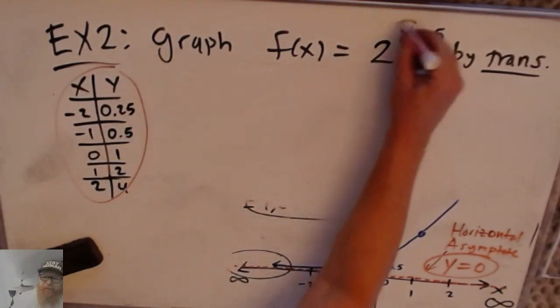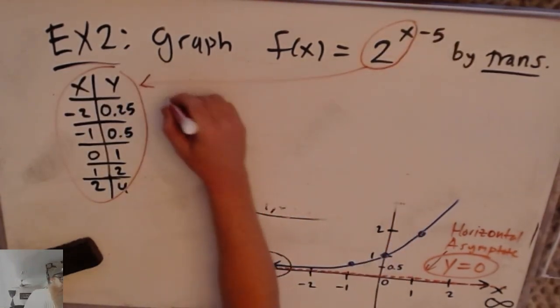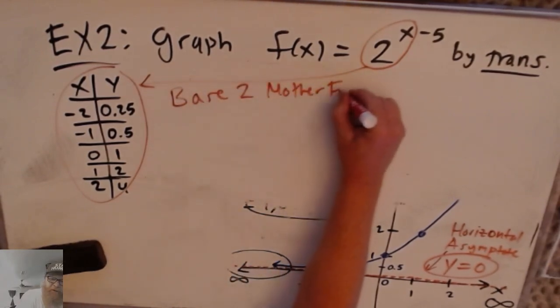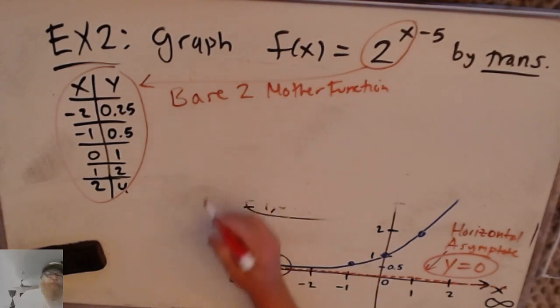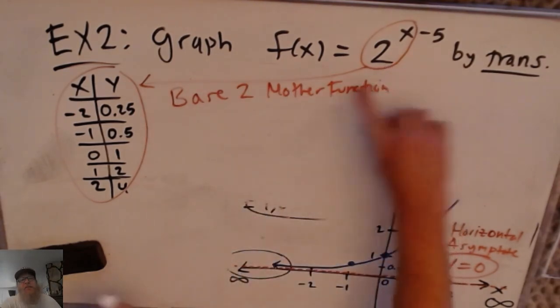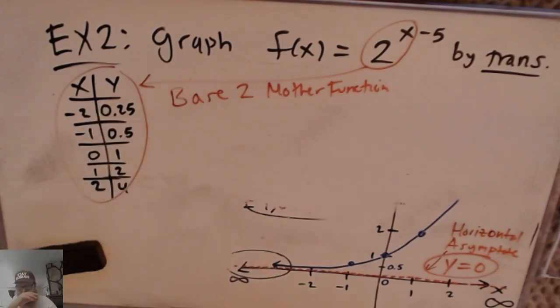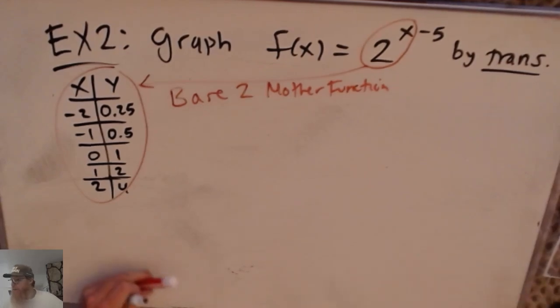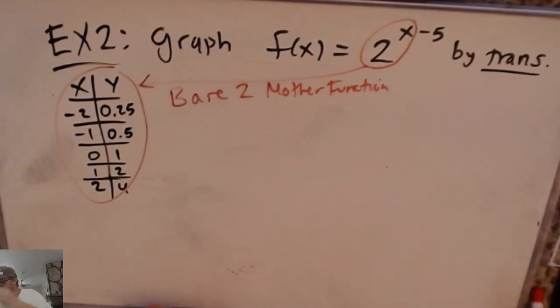The table is based on the base. So this is what we call a base 2 mother table or mother function. If I have a different base than 2, then I have to make a new table to start the process. I just made this table 5 minutes ago, so I'm going to go ahead and get some use out of it.